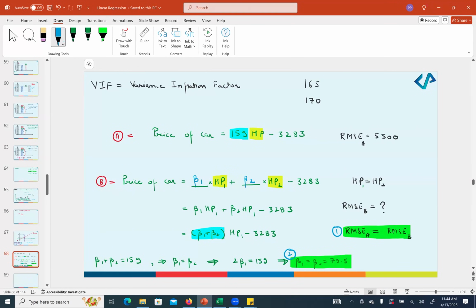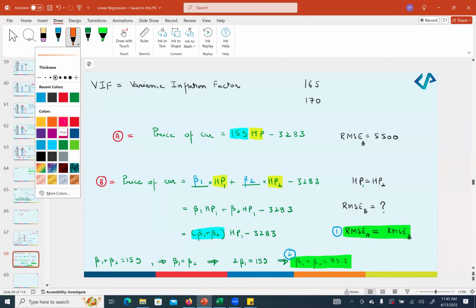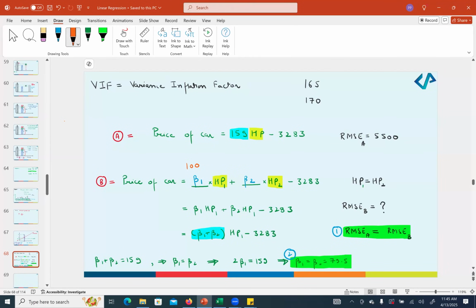How is beta 1 equal to beta 2? Because my model cannot make any preference between horsepower 1 and horsepower 2. For my model, both are exactly the same. So on what logic would I make B1 greater than B2 or B2 greater than B1? Hypothetically, if my model were to say that this is going to be 100 and this is going to be, let's say, 59.